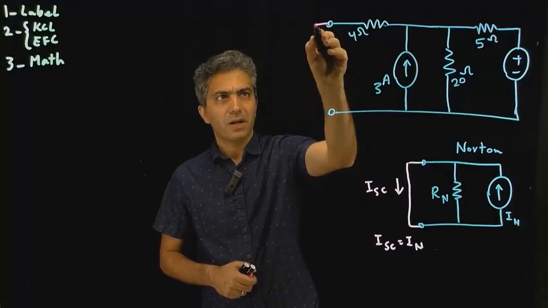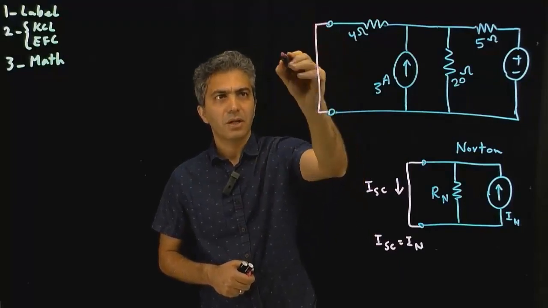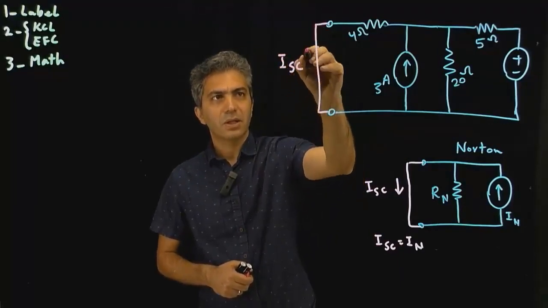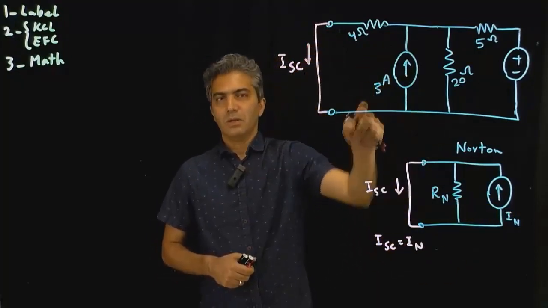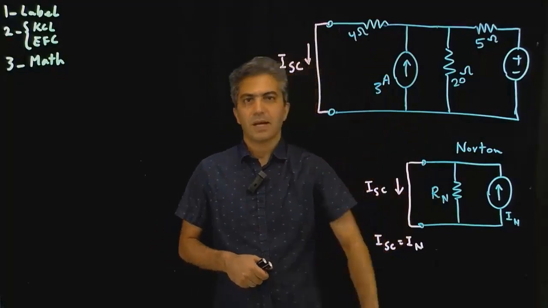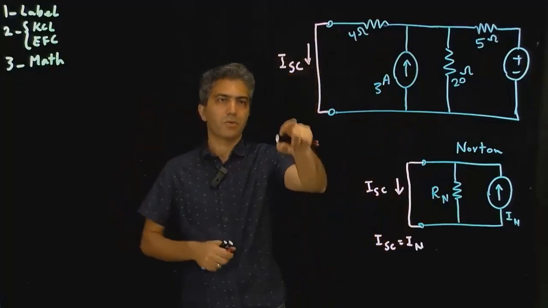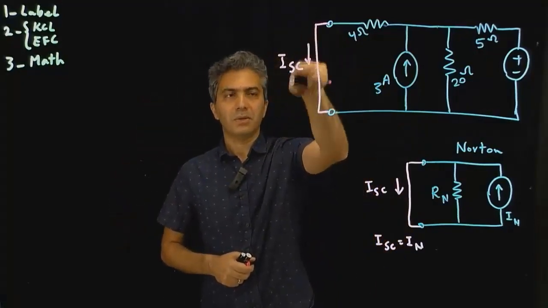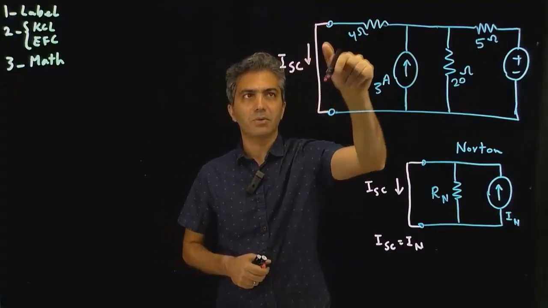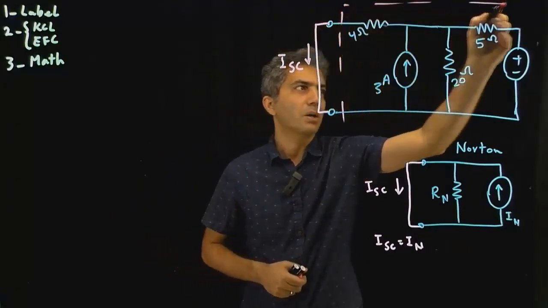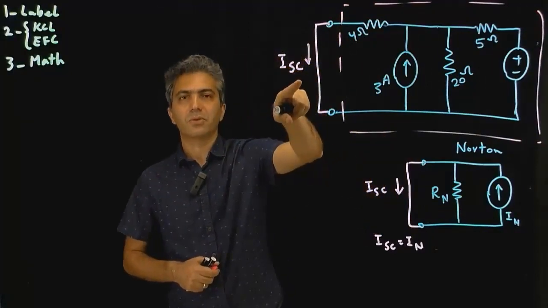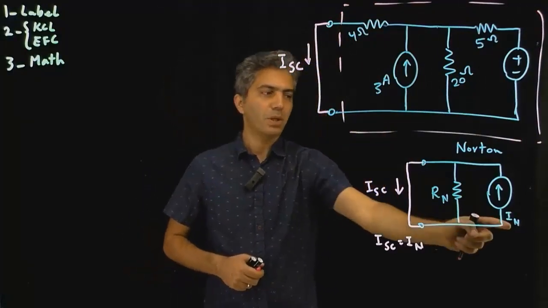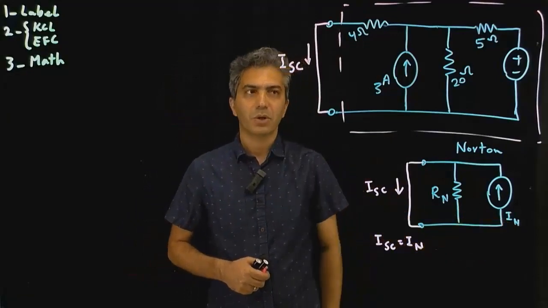In other words, if I connect these two terminals to each other and look at I short circuit, this current has to be equal to I Norton. So to calculate I Norton, that's exactly what I'm going to do: short these two terminals, assuming that this whole thing is in a box, and then calculate the value of that short circuit current, and that would be the I Norton that I'm looking for.